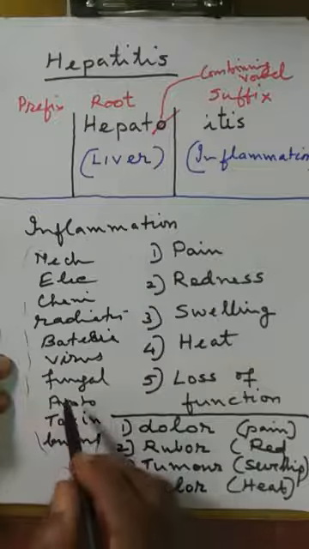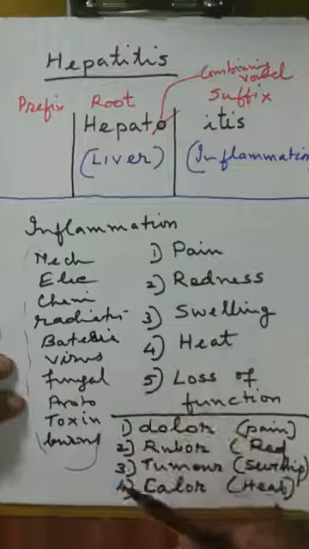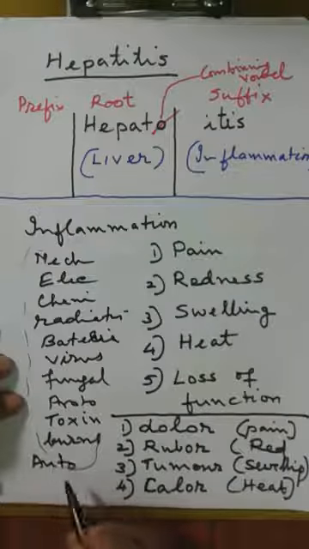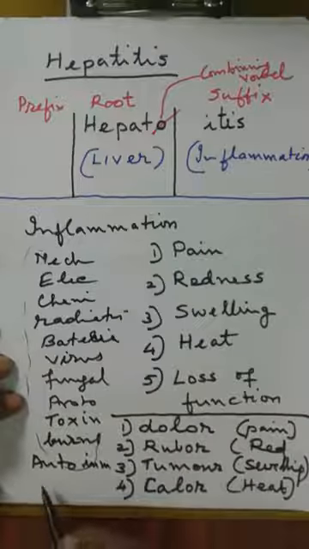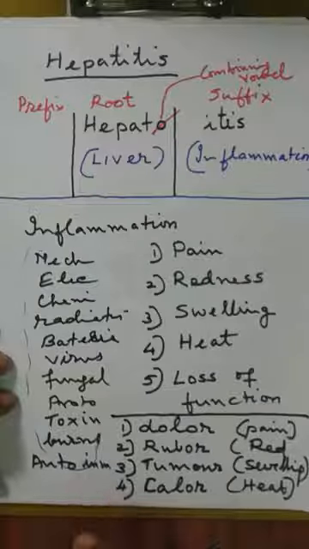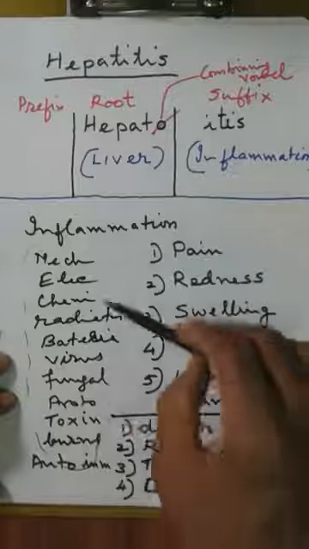Sometimes our own immune system will attack some part of our body. That is what is called autoimmune attack. This is called autoimmune disease. So it can be an autoimmune attack also, or mechanical, electrical, any kind of attack.